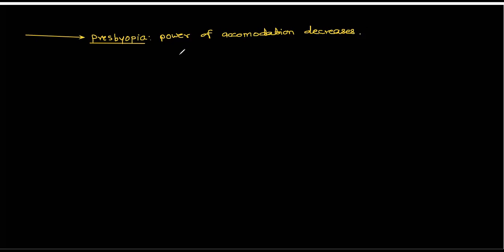What is power of accommodation? Ability to change the focal length with the help of ciliary muscles. In 10th class, you have learned this.